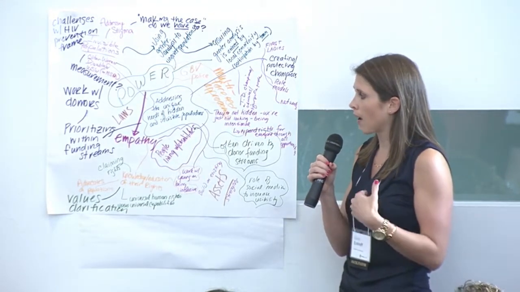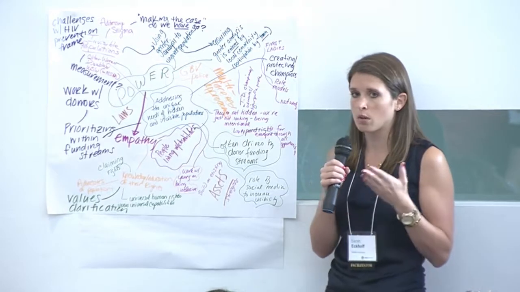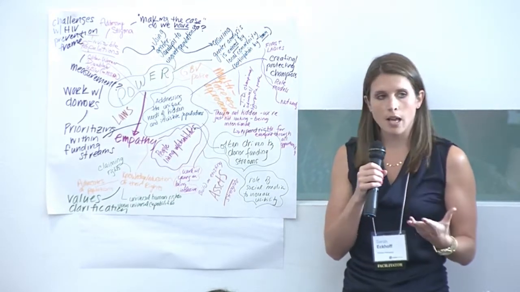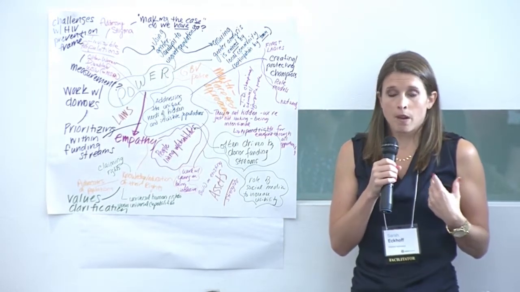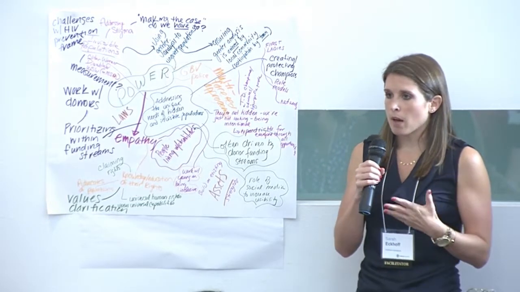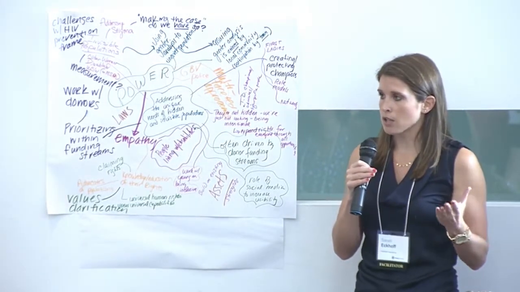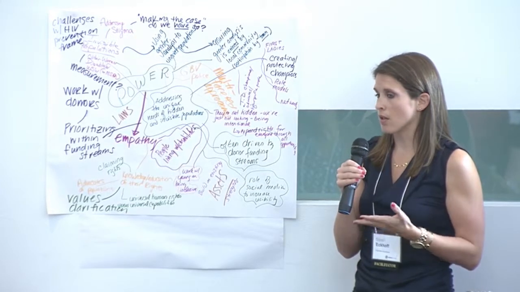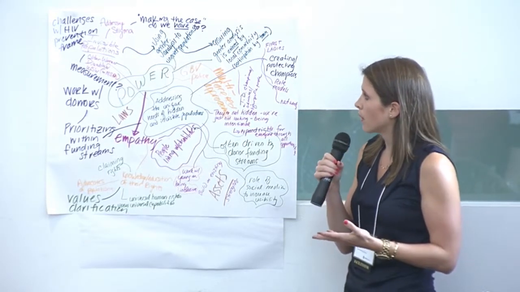So while you might have an intervention or a project that's solely focused on increasing access to family planning services, think about the broad scope of target populations that may be affected by your interventions, and think about those hidden and invisible groups.